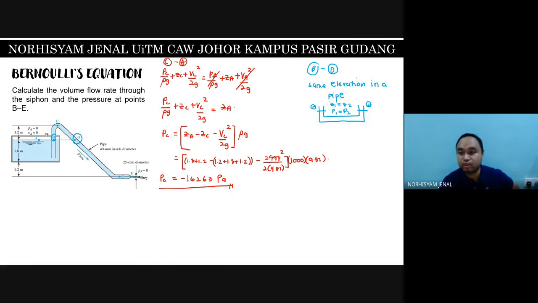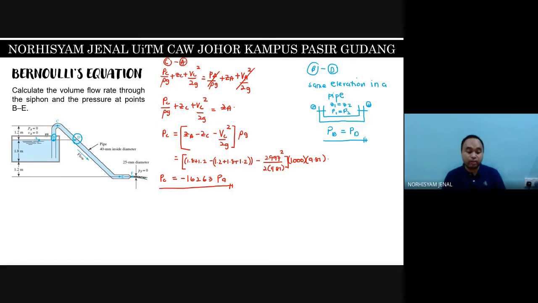We can actually use this information and we can get PB should equal to PD for points B and D. Okay, so if you want to check whether it is the same or not, you can do the whole calculation.